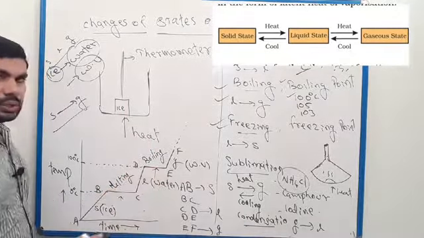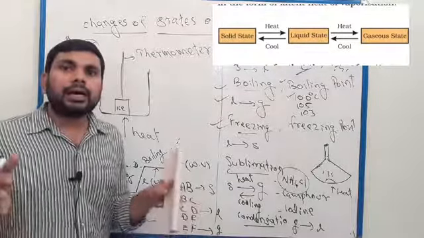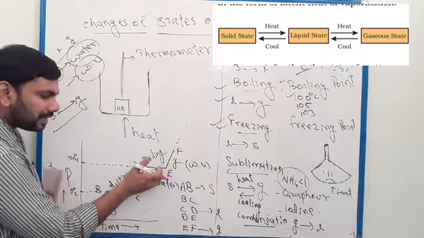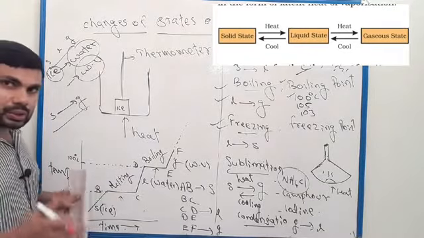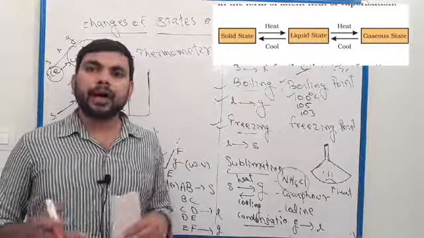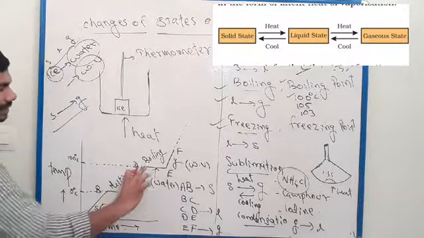This heat energy is used to separate the intermolecular force of attraction between liquid particles. That's why temperature is not increasing here. Also temperature is not increasing here. This heat is used to separate the intermolecular force of attraction between particles. Clear?